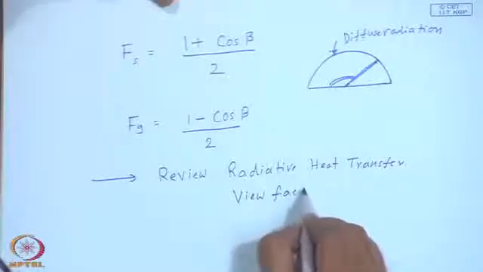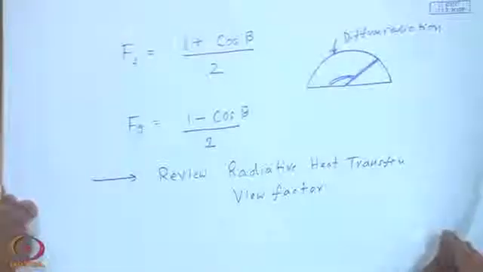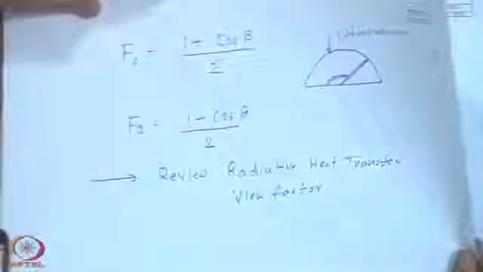So, you can see if there are two surfaces with an angular orientation, the ground reflected radiation will be 1 minus cos beta by 2 factor. Again, if you put beta equal to 0, it will be 0. In other words, a horizontal surface will not receive any reflected radiation from ground also being horizontal.